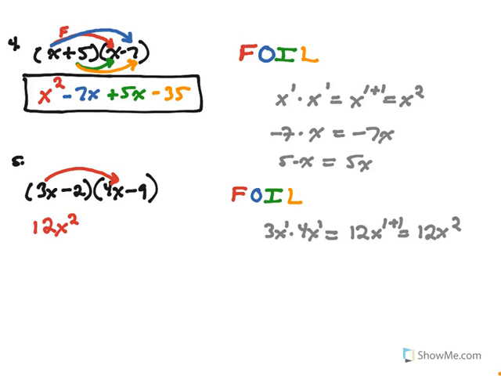The next thing, we're going to do the outer, and that is 3x times negative 9. A positive and a negative is a negative. 3 times 9 is 27, and then you just attach the x variable to it.